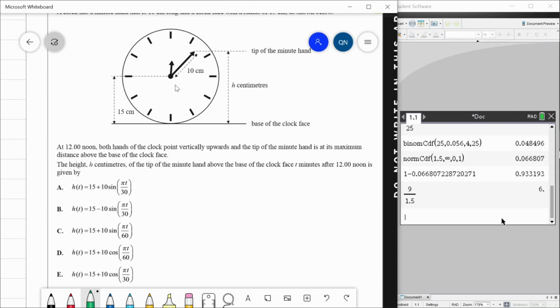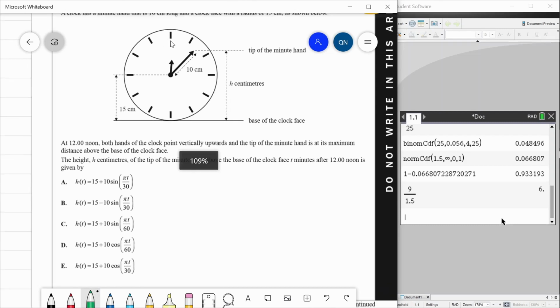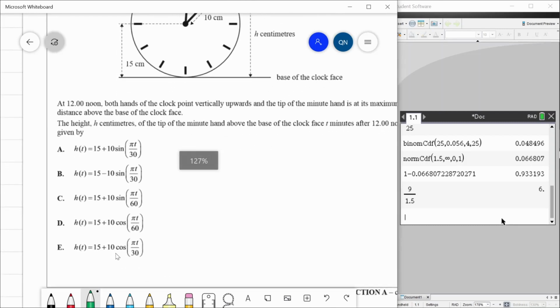Now we want to start at 15 plus 10, right? So we want to start at a maximum. So we want to figure out which of these functions starts at a maximum. So it can't be sine because sine starts at the mean position. Can't be negative sine, so it can't be the sines here. It has to be the cosines then.